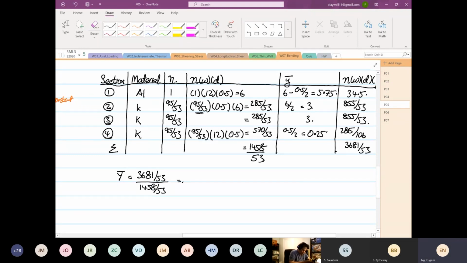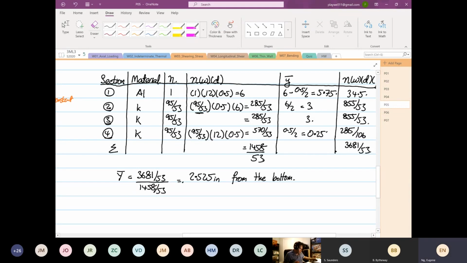So this is equal to 3681 divided by 1458, so it's equal to 2.525. Okay, 2.525 inches from the bottom.